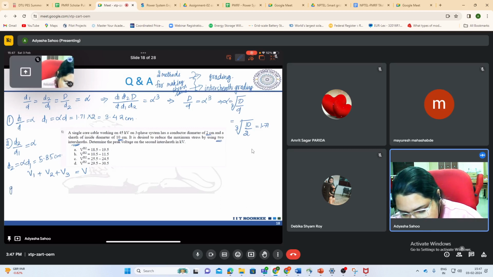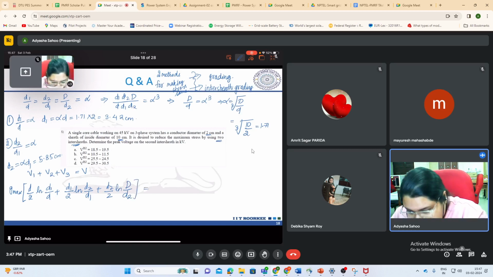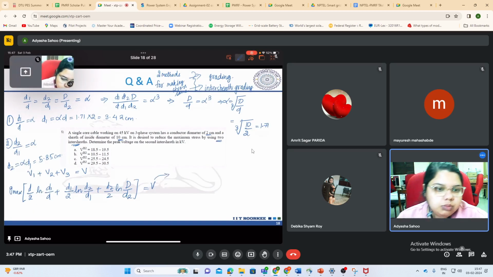So using this formula, Gmax, it was in terms of r, so d by 2 plus again d1 by 2 ln d2 by d1 plus d2 by 2 ln capital D by d2, that is equal to V. What is this value of V we will put here? Maximum, right?